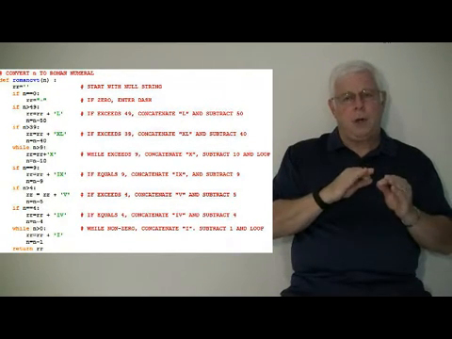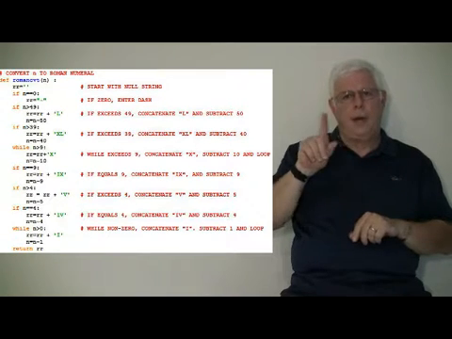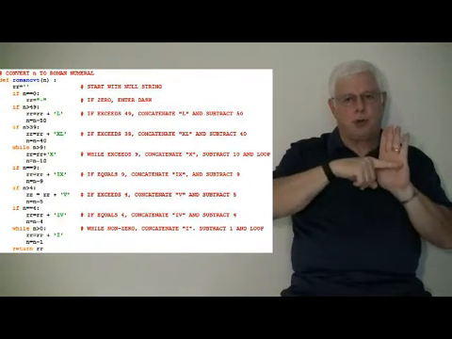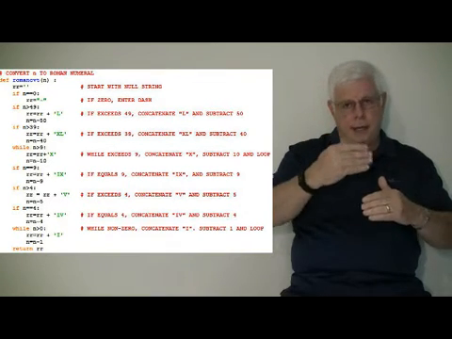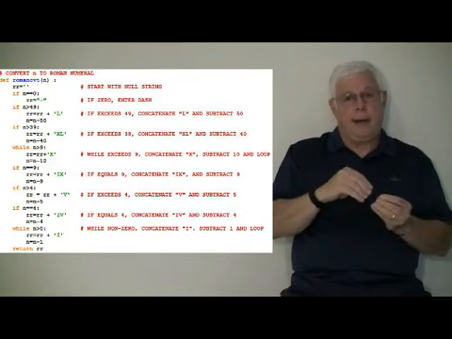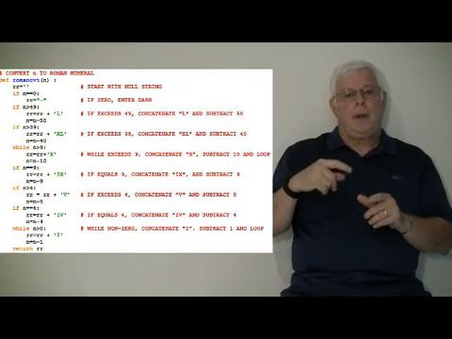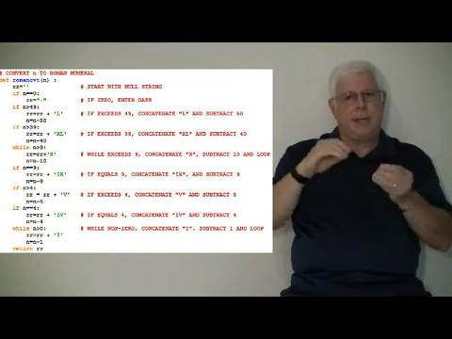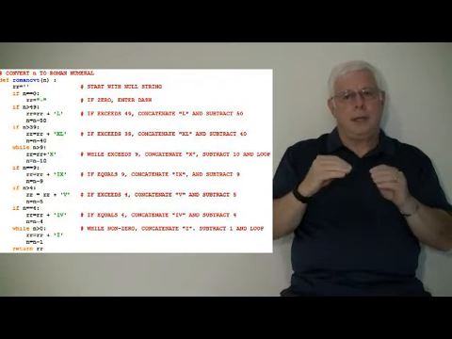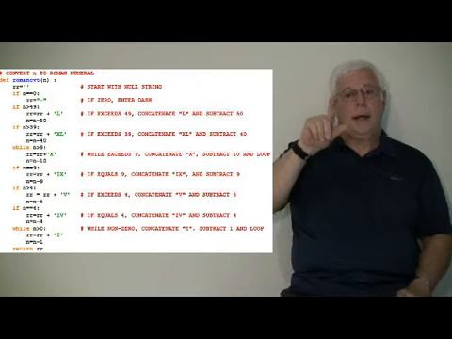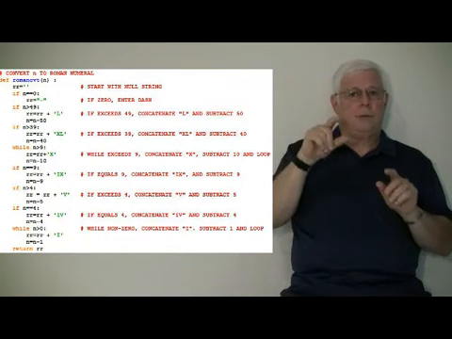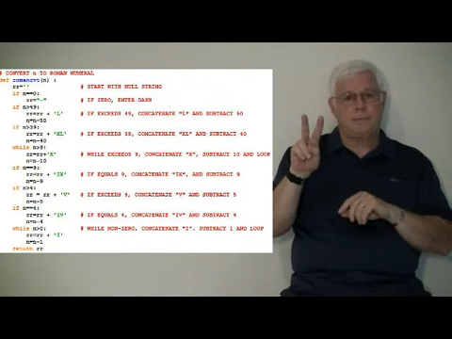If it is, we're going to concatenate an X, and then we're going to subtract 10 from the number and do that again and again and again. We may add 3 X's. Then we're going to check to see if our number is equal to 9. And if it is, we're going to concatenate an IX to the character variable.